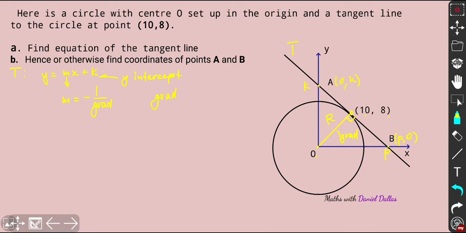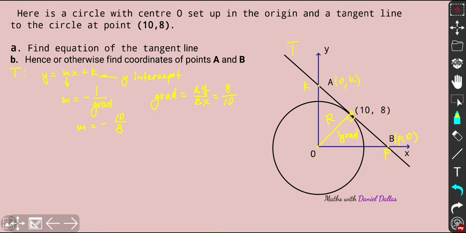How do we work out this gradient? By definition, the gradient is change in y over change in x. Because the line goes from 0, to simplify, the change in y is simply 8 and the change in x is 10. Putting those values into the formula, the reciprocal fraction is negative 10 over 8.